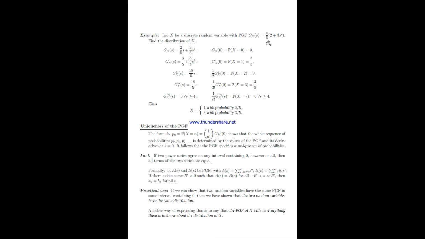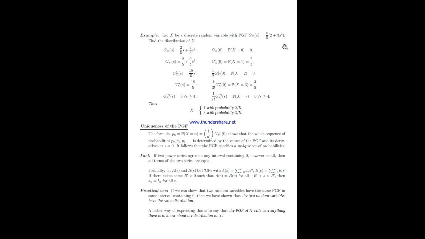Now we have to find the distribution of X. Since X is a discrete random variable, finding the distribution means you have to find all the possible values of X, and then the corresponding probabilities.